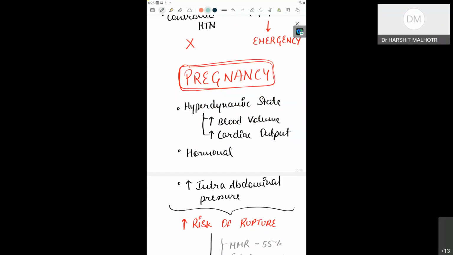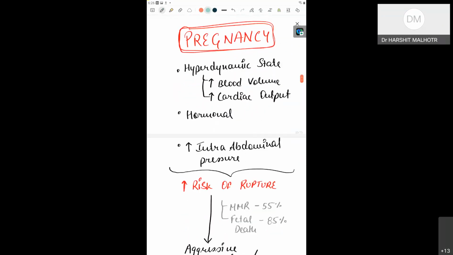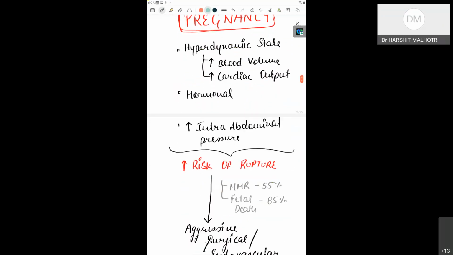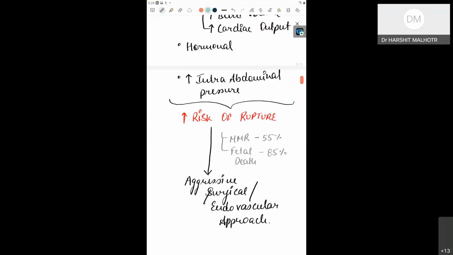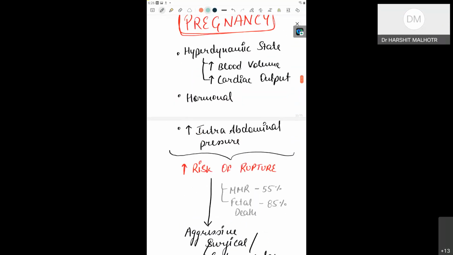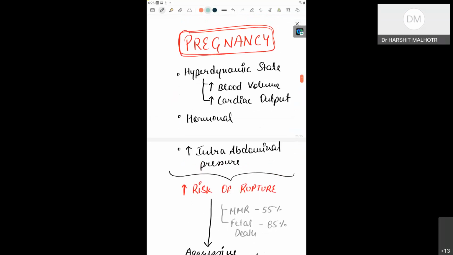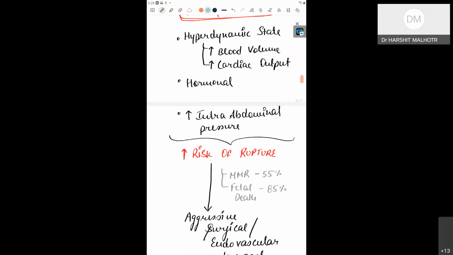Hence, all these three major factors increase the risk of rupture, to the extent that the maternal mortality rate after rupture is 55%, and fetal death is 85%. Hence it has to be aggressively treated, and intervention is deemed necessary when the woman is pregnant and found to have renal artery aneurysms, or in general in women of childbearing age groups.